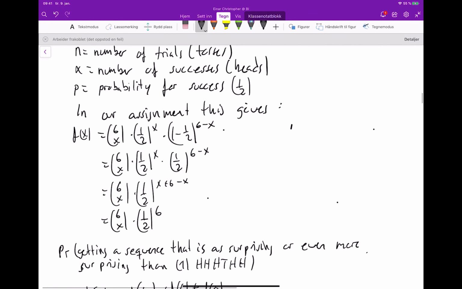But here we have the same base in 2 places, so I can combine this. So I therefore get 6 over x times 1/2 to the power of x plus 6 minus x, which is nothing else but 6 over x times 1/2 to the power of 6.